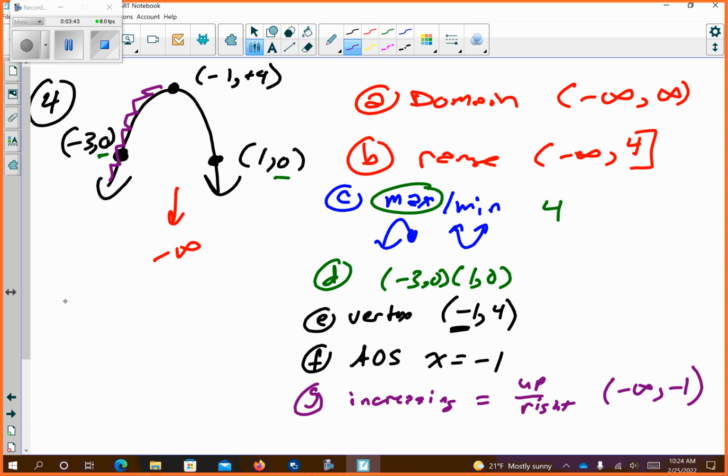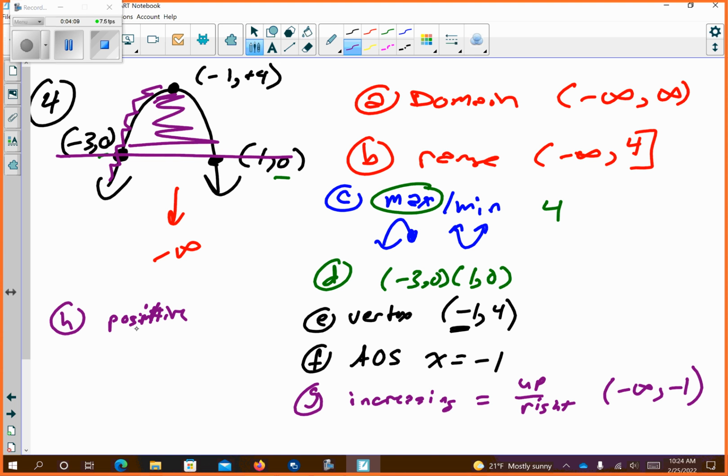F, G, H. Interval where this thing is positive. Okay, spell it right now. There's a T there. Positive. So positive basically means here's my x-axis. Anything above here is positive.